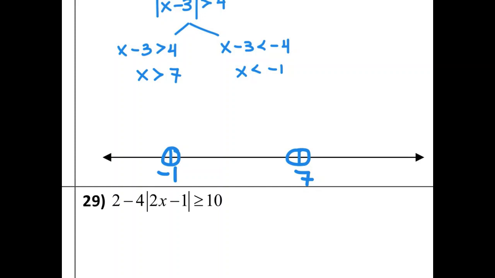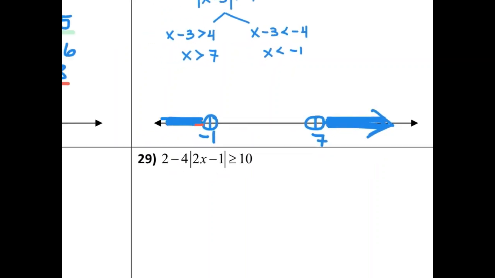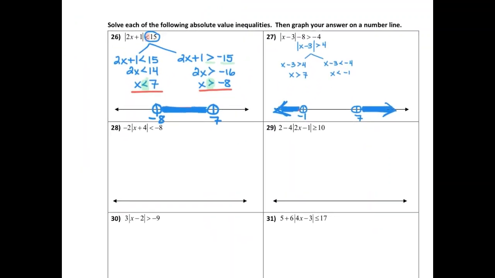And again, if you graph x is greater than 7, it points away. If you graph x is less than negative 1, it also points away. They should both be either pointing away or toward each other. And so this graph is going to be shaded going out. So there's 26 and 27.